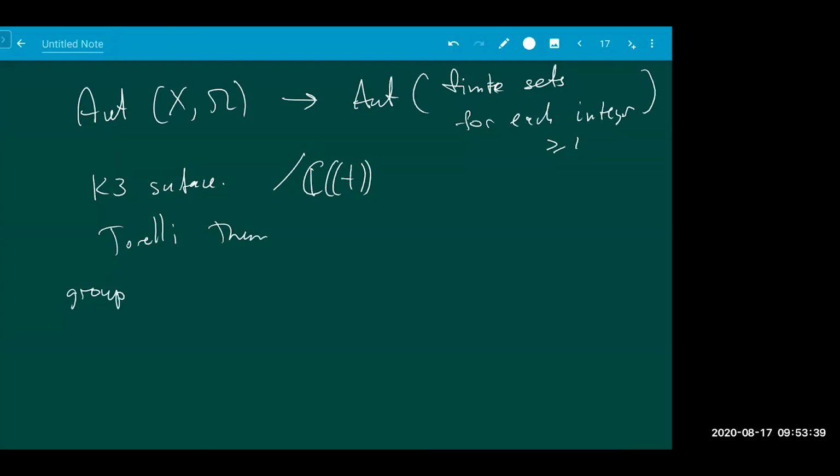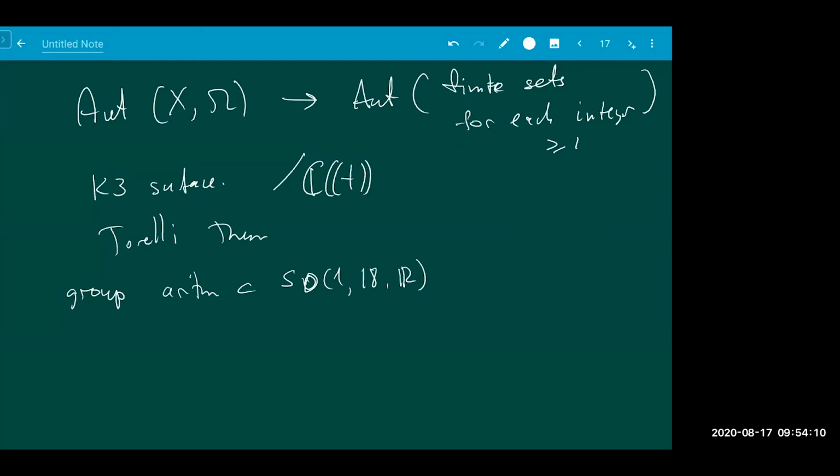I will not go into the details. So the group is an arithmetic subgroup in SO(1,18)(R). It actually depends on some parameter.